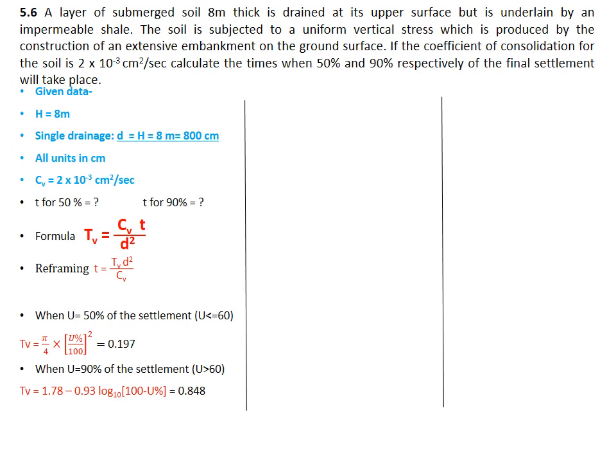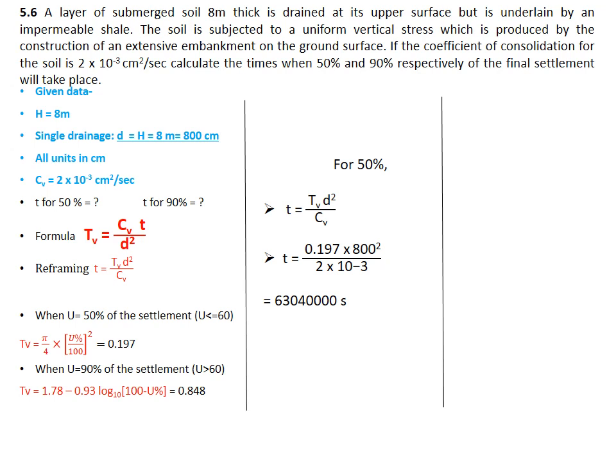Now the problem is almost solved. We have all the unknown values. So first we'll find the time for 50%. So putting all the values in this equation, we have t equals 0.197 into 800 square by 2 into 10 power minus 3. So if you solve, you'll get a big number which will be in seconds. As you can see, CV, we have seconds there.